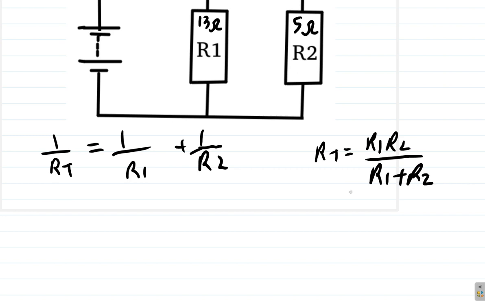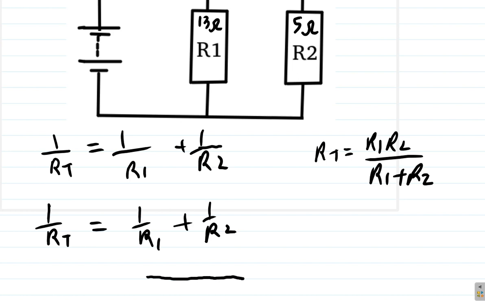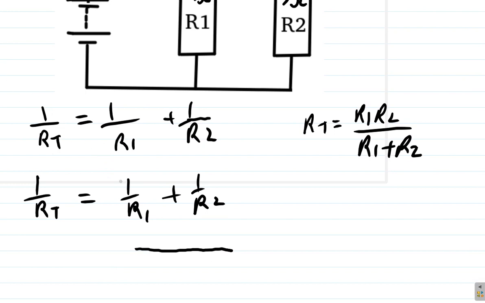Let us take a moment to see how it is derived before we do the actual calculation. Here we have 1 over RT is 1 over R1 plus 1 over R2. If you remember your fractions, you will find the LCM below this line.